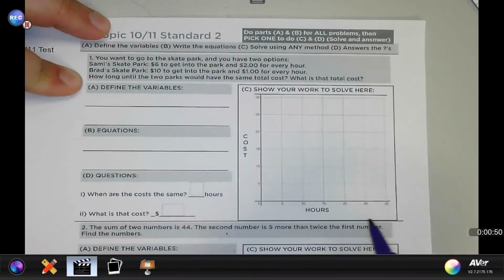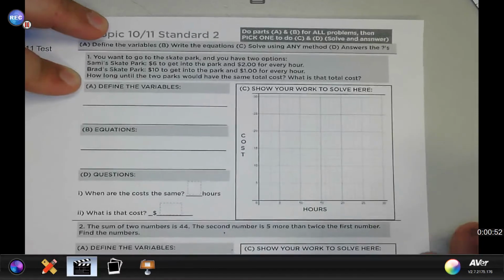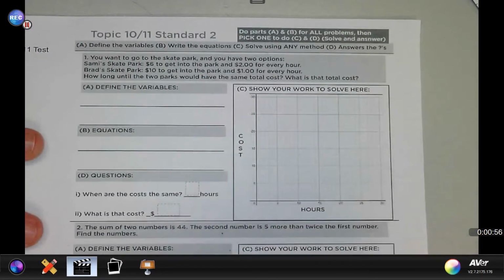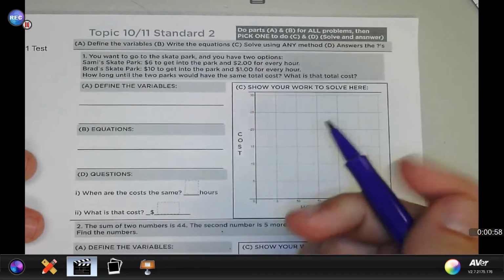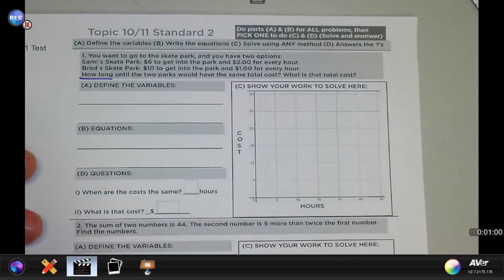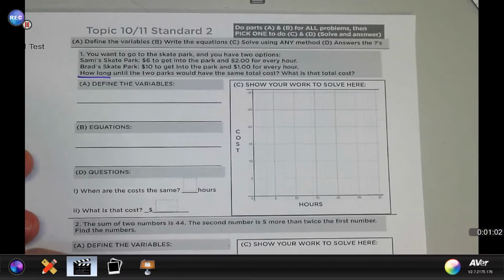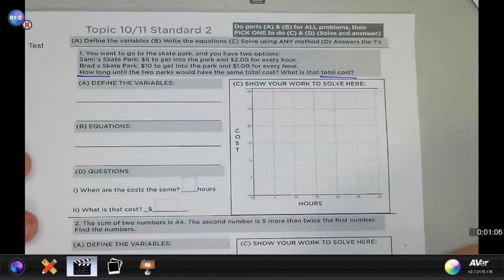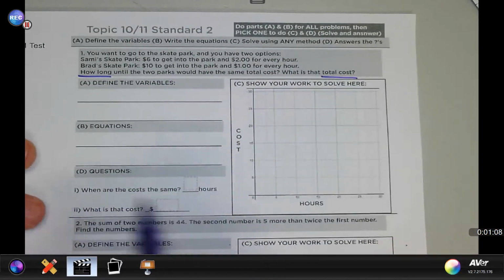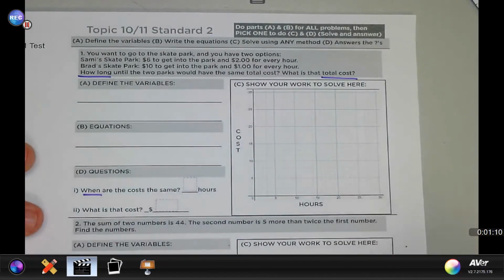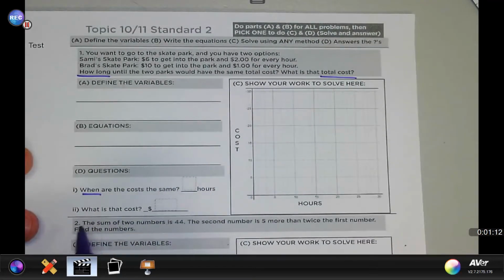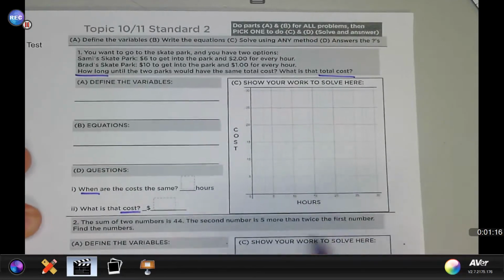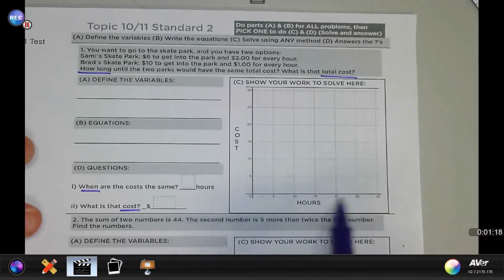Define the variables. So when we define the variables, we pick variables to represent our unknowns. And a good way to look at your unknowns is to look at your questions. It says how long until they have the same cost, and then here it says what is that total cost. Another place you can find it here is when are the costs the same, what is that cost, and a third place is specifically for when there is a graph.